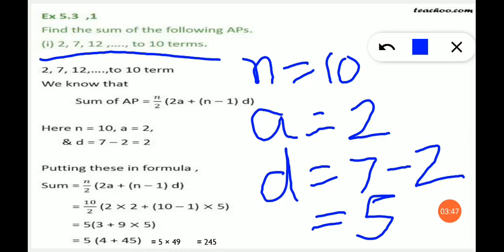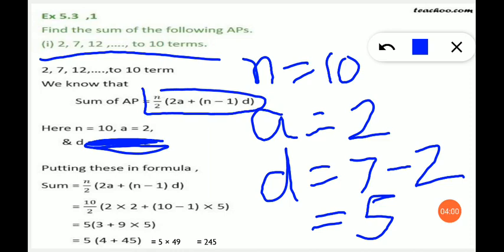And then we will substitute the values in the formula n/2 into [2a + (n - 1)d]. As n is 10, so 10/2, 2a is 2 into 2, (10 - 1), and d is 5.